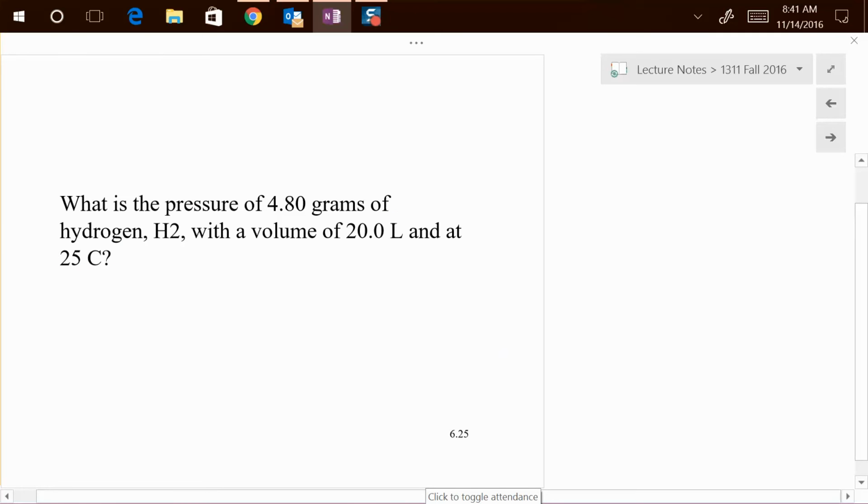What is the pressure of 4.8 grams of hydrogen with a volume of 2 liters at 25 degrees Celsius? Is there change? No. So I'm using the ideal gas law. PV equals nRT. What am I solving for? What is the pressure of this gas? There's no new pressure or anything like that. So P equals nRT over V. What's n?